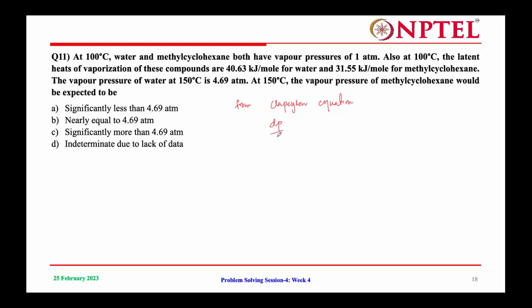dP by dT is directly proportional to delta H, at the same temperature difference.